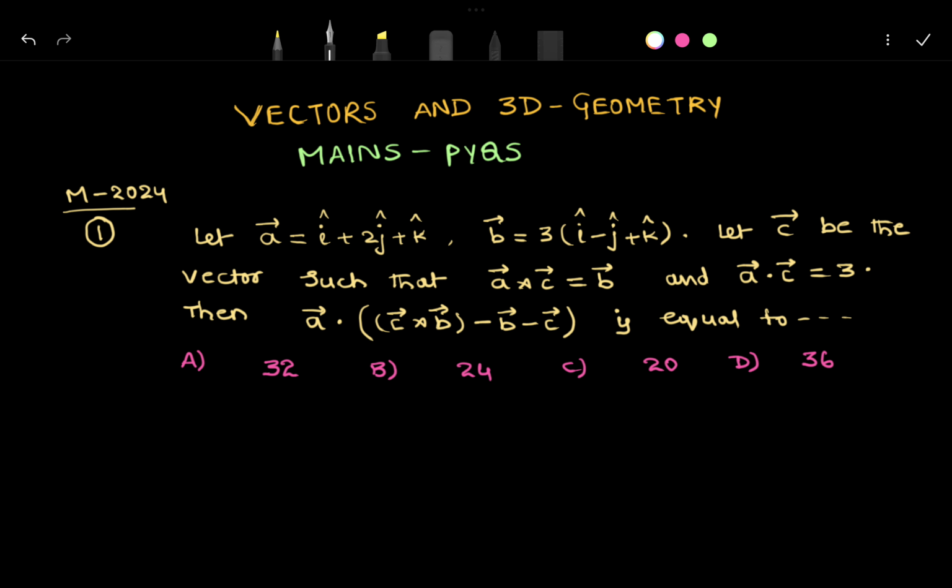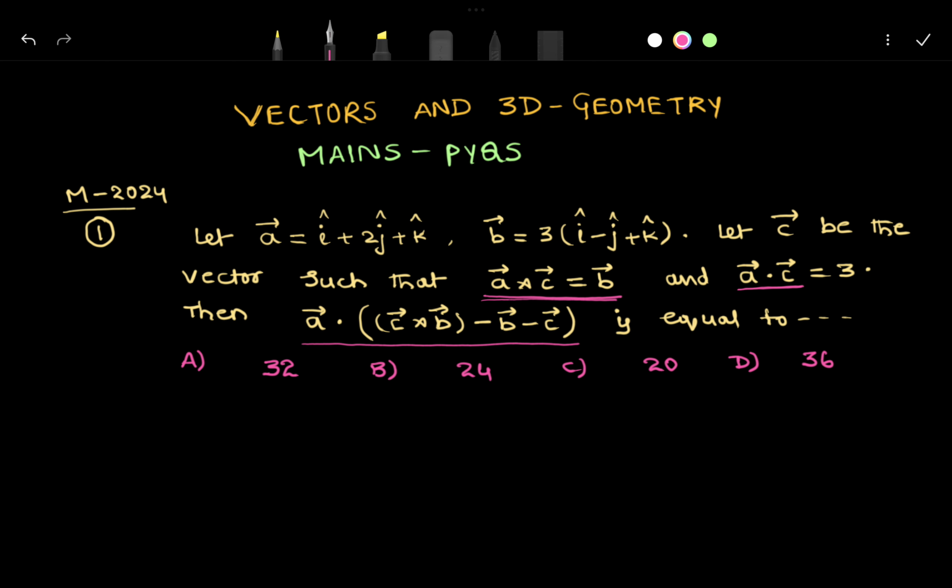Let c bar be the vector such that a cross c is equal to b bar, and a dot c is equal to 3. Now you have to find a dot (c cross b minus b minus c).